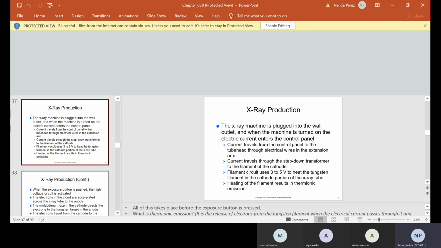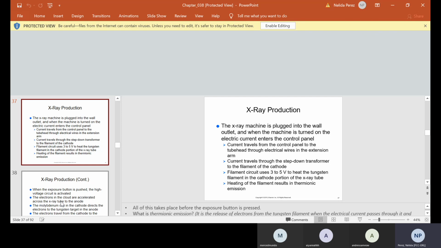X-ray production. The X-ray machine is plugged into the wall outlet, as you all, if you didn't notice. And when the machine is turned on, the electrical current enters the control panel. Current travels from the control panel to the tube head through electrical wires in the extension arm. Current travels through the step-down transformer to the filament of the cathode.